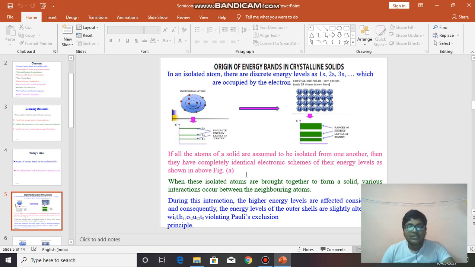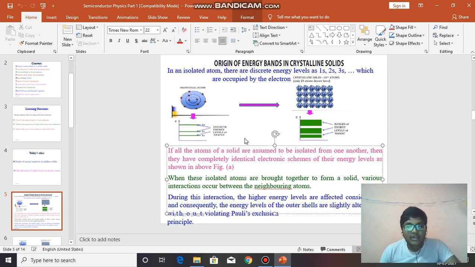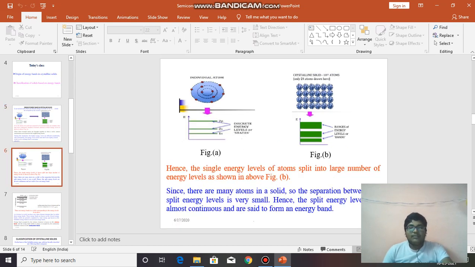During these interactions, the higher energy levels are affected, and consequently the energy levels of the outer shell are slightly altered, by the principle of Pauli's exclusion. Hence the single energy levels of atoms split into a large number of energy levels, as shown in the diagram.